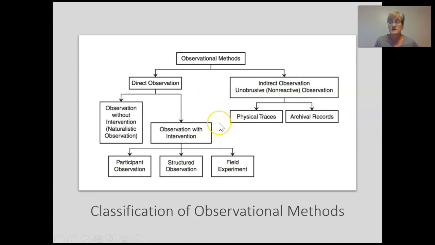Observation with intervention is like the examples of the helping behavior studies that I've used earlier in this lecture, where you're going to stage an event and you're going to see what happens. There are other helping behavior studies, like if you wanted to study littering behavior or recycling, putting objects into recycling.